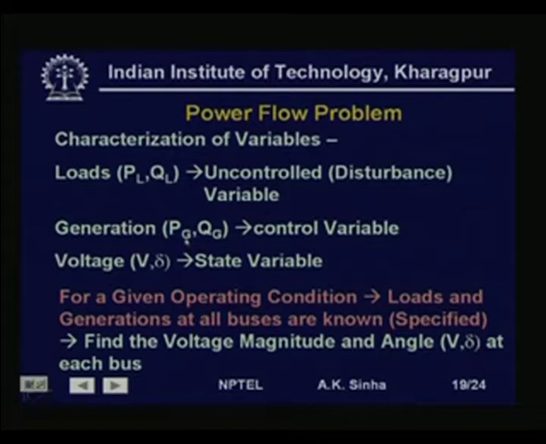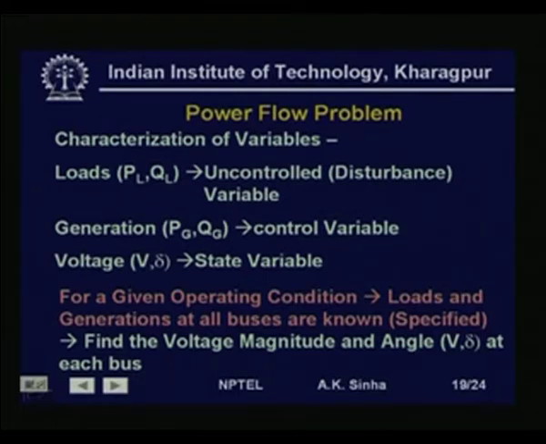Therefore, these generation variables PG, QG are our control variables, whereas the voltage magnitude and angle at all the bus bars, which basically relate these control variables as well as disturbance variables in the system, are the state variables of the system.